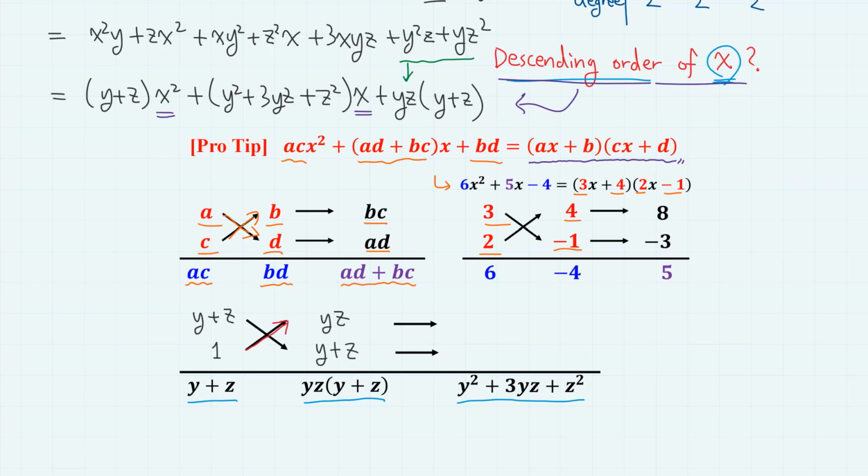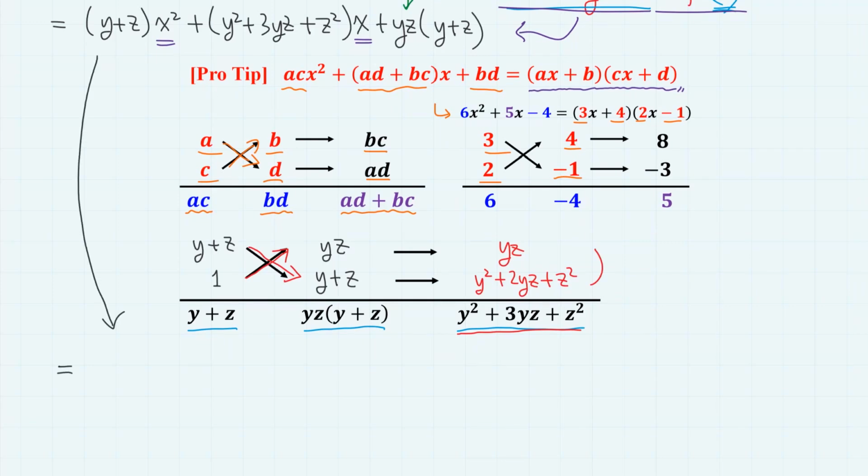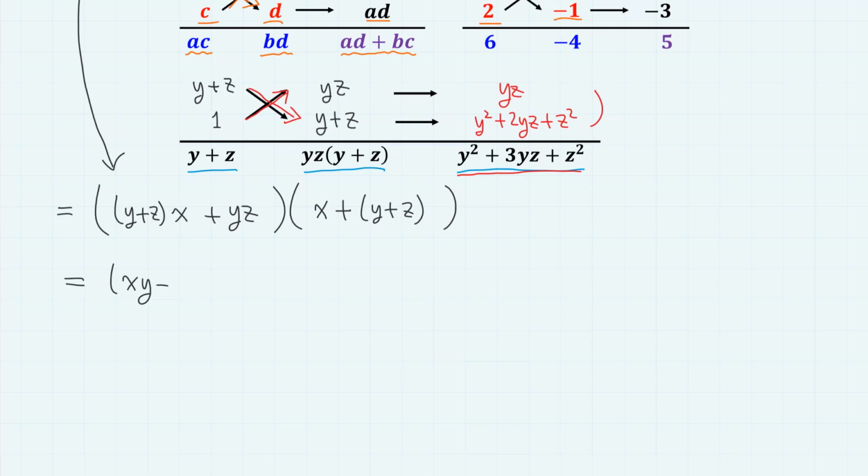Then 1 times yz gives yz, and (y + z) times (y + z) gives y² + 2yz + z². So if we add these two, we obtain y² + 3yz + z². Therefore, this polynomial can be factored into ((y + z)x + yz)(x + y + z). So we have (xy + yz + zx)(x + y + z).